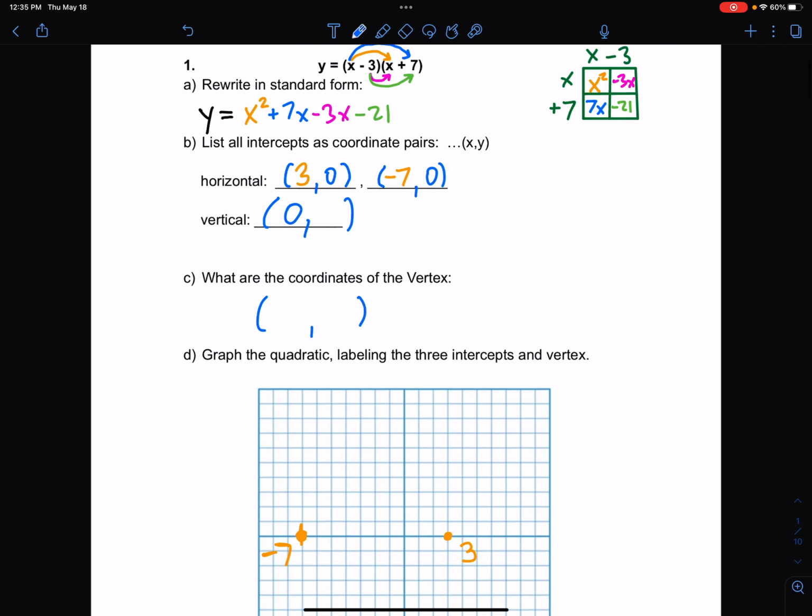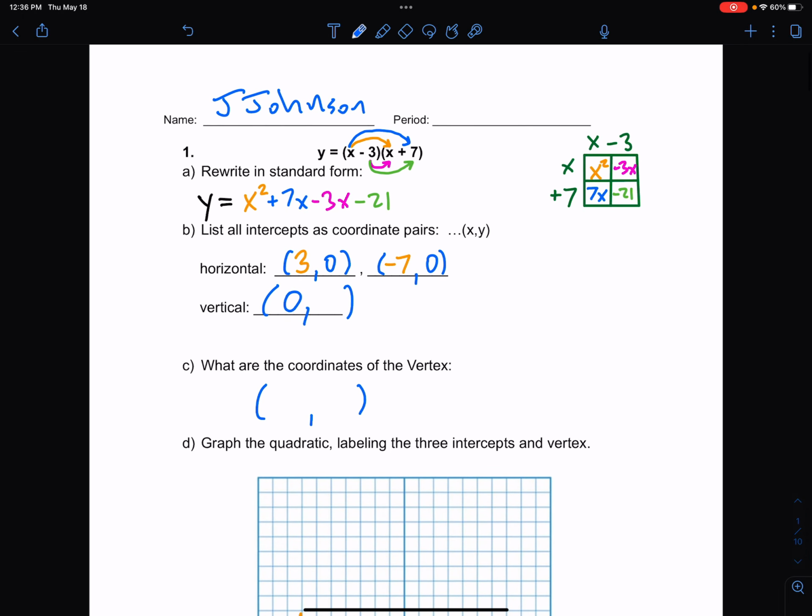So you know what this is? When we plug in 0 for x, it doesn't really matter if you plug it in here. If you plug it in here, you're going to get negative 3 times positive 7. You get negative 21. Guess where else that is? It's right here. Because if we plug in 0 for x, all this stuff is 0.